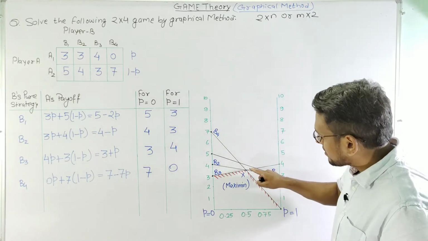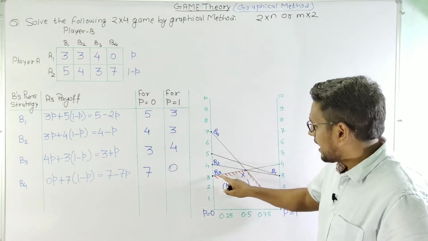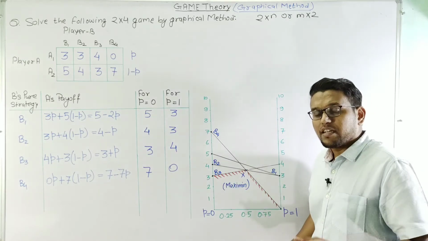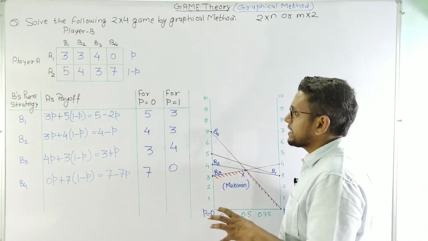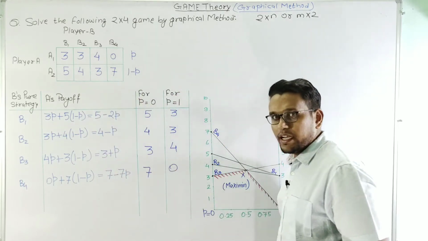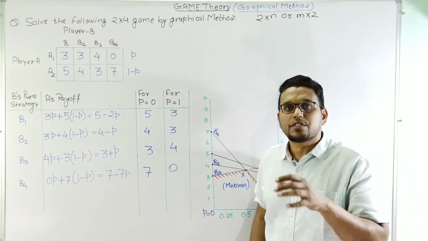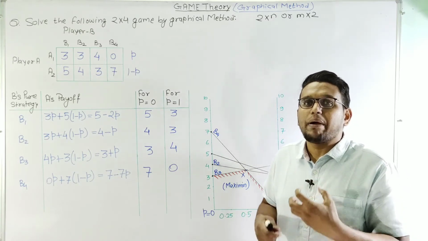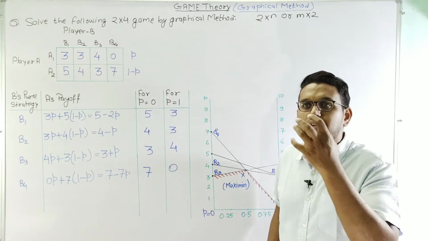So this is our maxi-min point, and this is the lower bound region. Now I am saying this again, please remember this: as we have found out the expected payoff for player A, and player A's objective is to maximize the profit, player A will try to maximize the minimum possible gain.